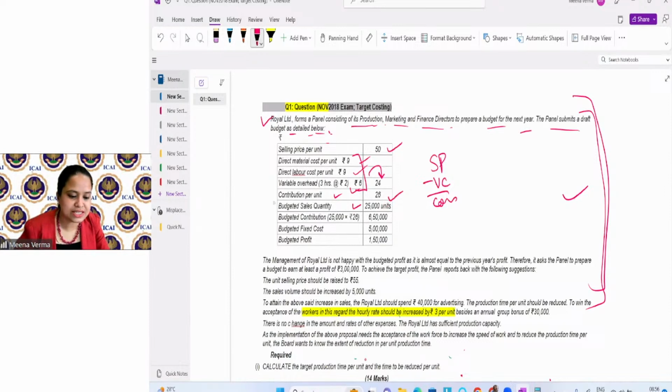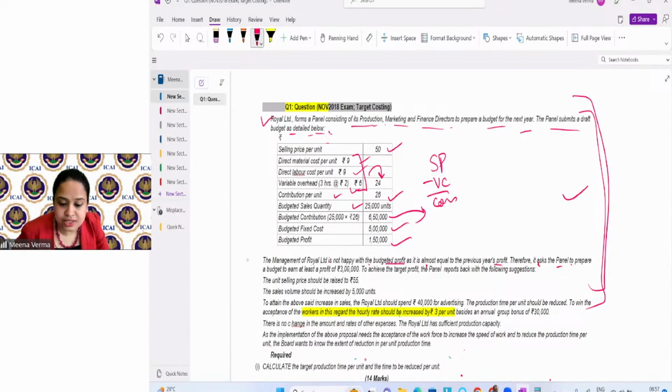Then the budgeted sale quantity is given here. Then they have calculated the total contribution, subtracted the fixed overhead cost, and calculated the budgeted profit. Then the management of Royal Limited is not happy with the budgeted profit, as it is almost equal to the previous year's profit.